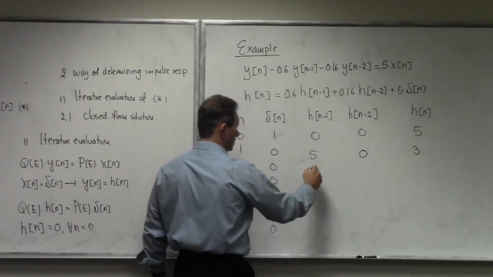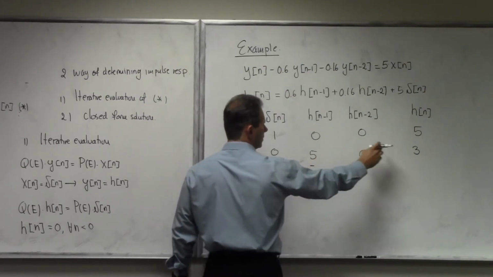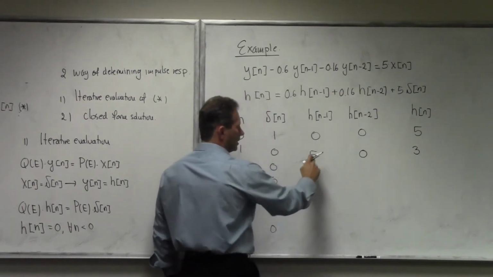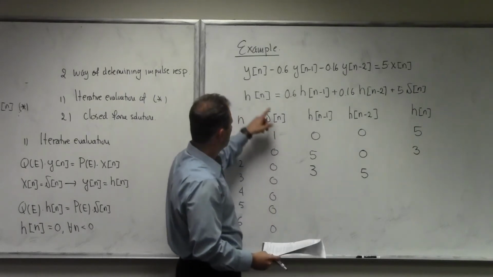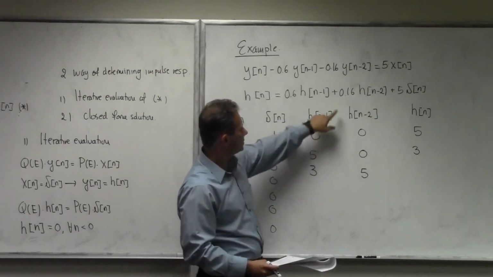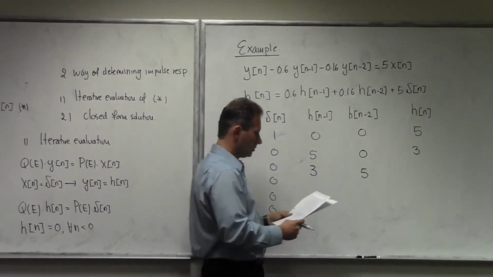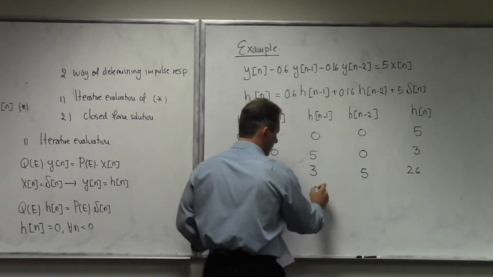And then you do it a couple more times. Let's say this is now the value of this one, so this becomes 3. Then 5 moves over here. And then I can calculate the value of the output as 0.6 times this plus 0.16 times 5. And when you do that, this is 2.6 and so on, right?